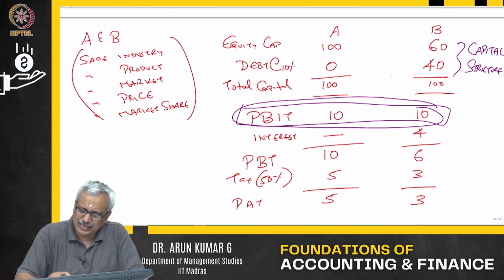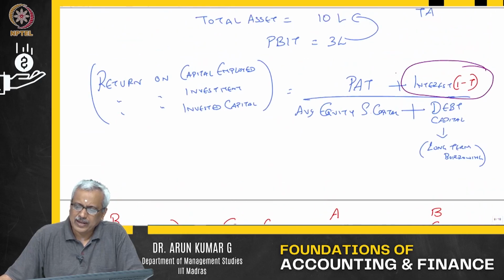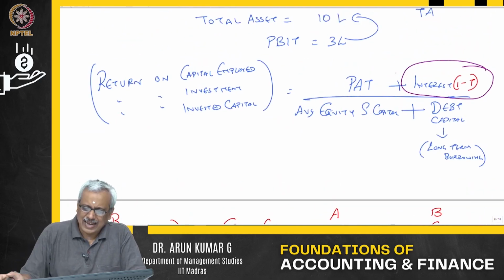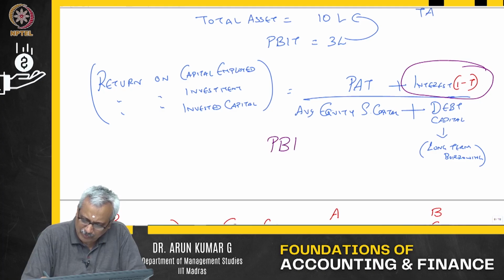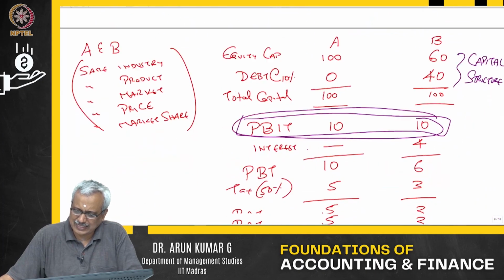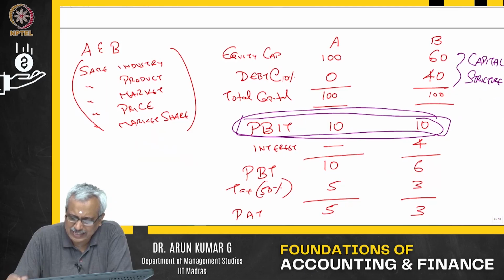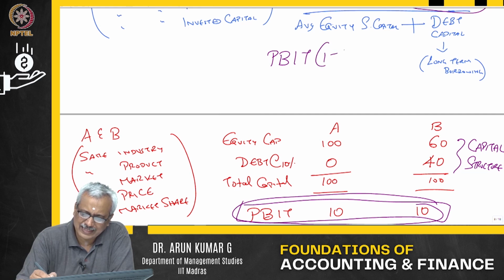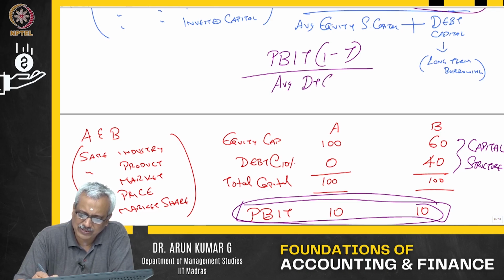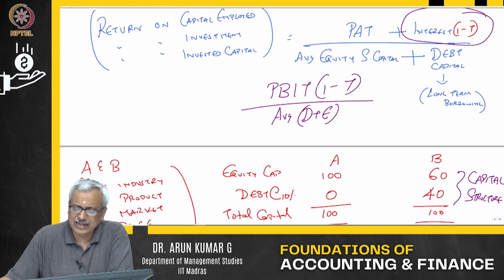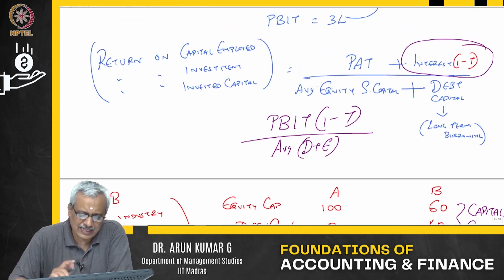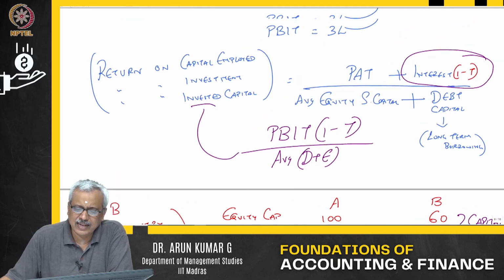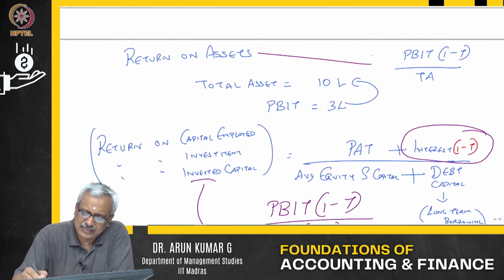Instead of doing PAT plus interest, I can just take PBIT, profit before interest and tax, because this profit before interest and tax includes the interest. On this, I will just knock off the taxes part of it. Then I will divide by my average capital, average debt plus equity. That is all I am looking at. So that will give me this, and the same is in this particular case also.